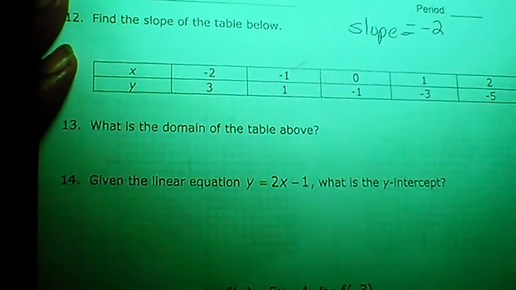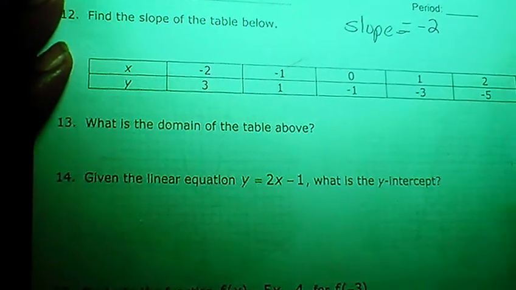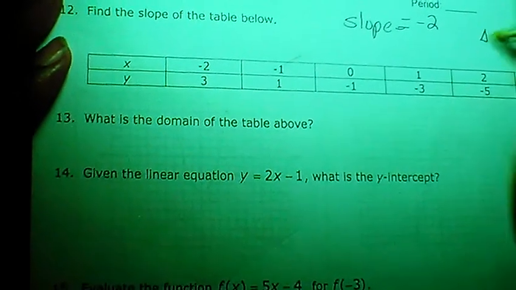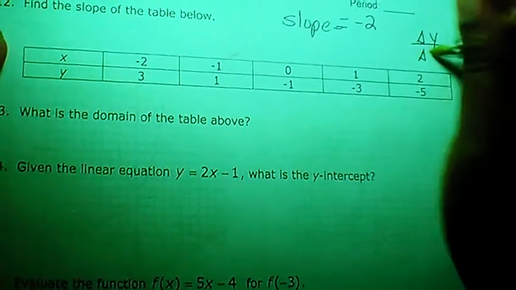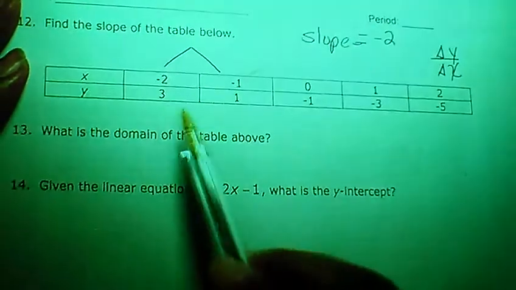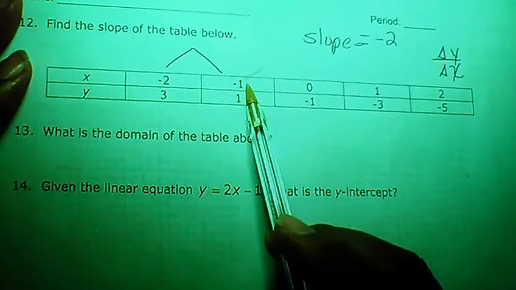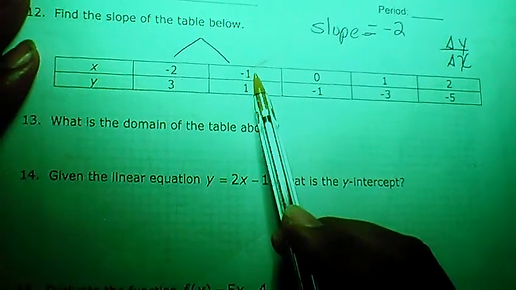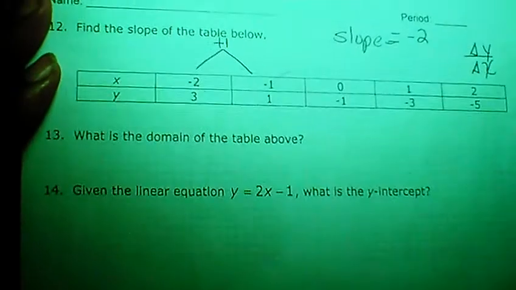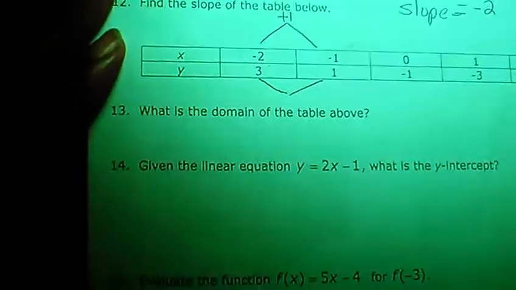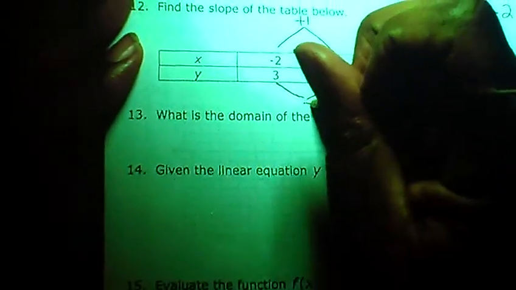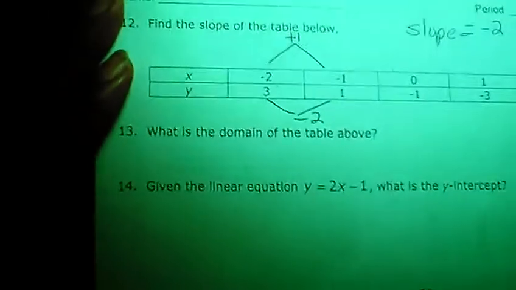Now, if we use our table, we could find our change in y over change in x. If I go from -2 to -1, my change is +1, add 1. If I go from 3 to 1, my change is -2, or subtract 2.